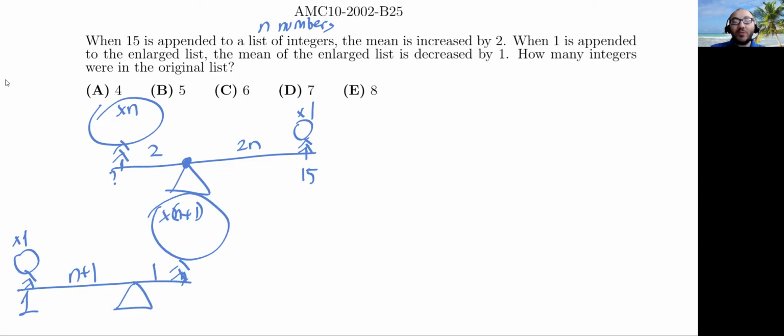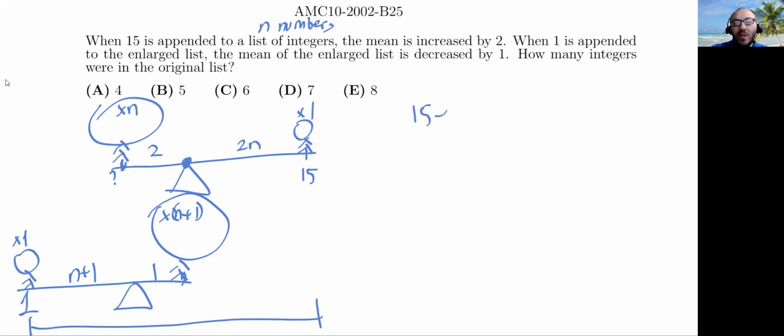All right, so how do we find n from these? The nice thing here is that we had two unknowns, but we are basically only working with one unknown here, n. There's this question mark where the n times fat guy is located, which is also an unknown, but we can just hide it. We don't need to work with it. We just need to find the distance from 1 to 15, right?